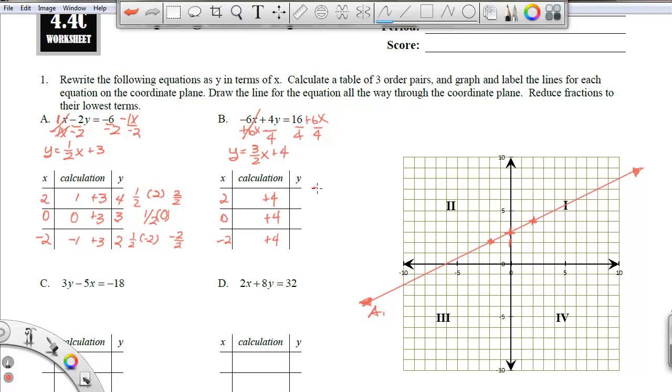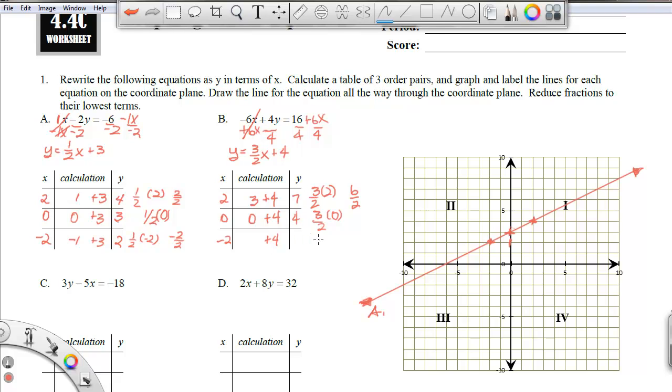So I have 3 over 2 times 2. Well, 3 times 2 is 6. 6 divided by 2 is 3. So 3 plus 4 for my final answer here for the y is 7. So when x is 2, y is 7. Now we'll do the 0. 3 over 2 times 0, that's 0. 0 plus 4 is 4.